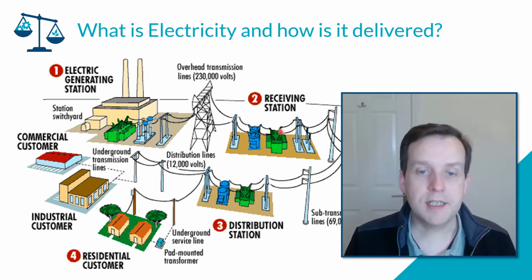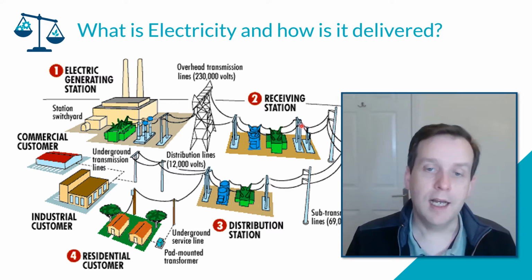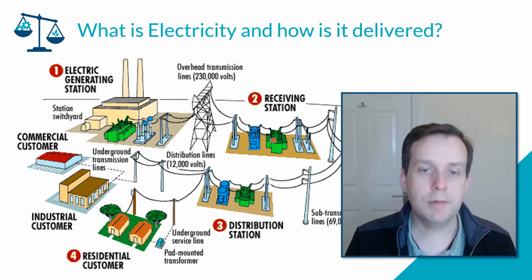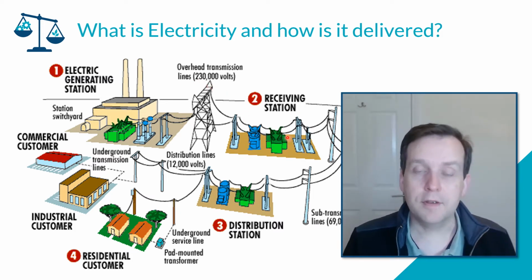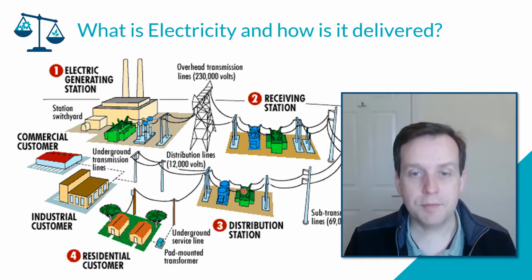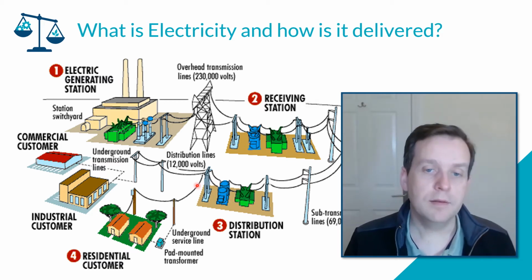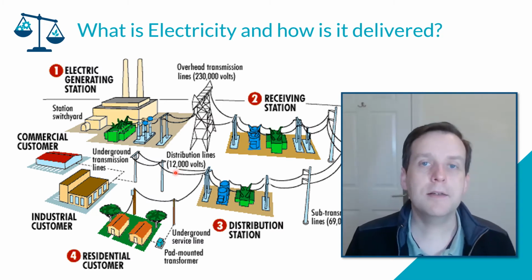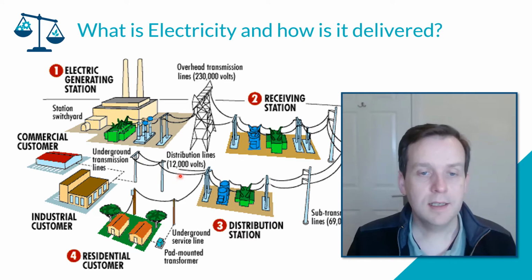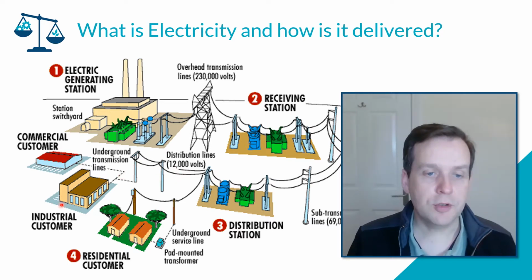Then we get to a receiving station or substation, and from there our 23,000 volts probably drops to 132,000 or 66,000 volts. This example is at 69. Then we get to a distribution substation where again the voltage drops perhaps to 12,000 volts. In the UK maybe 11,000 or 6,000 volts. That is then delivered to commercial customers, industrial, and residential customers.